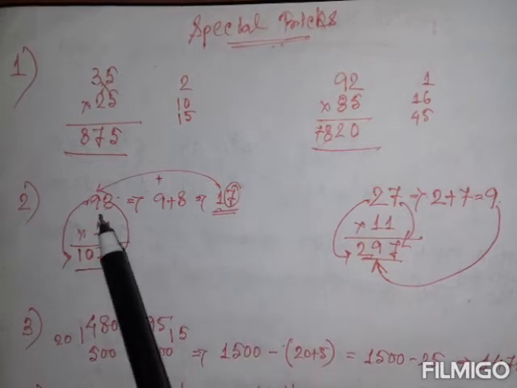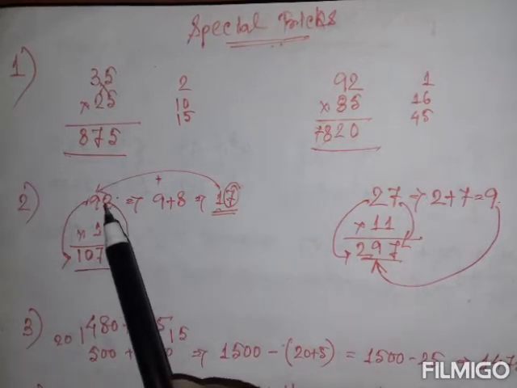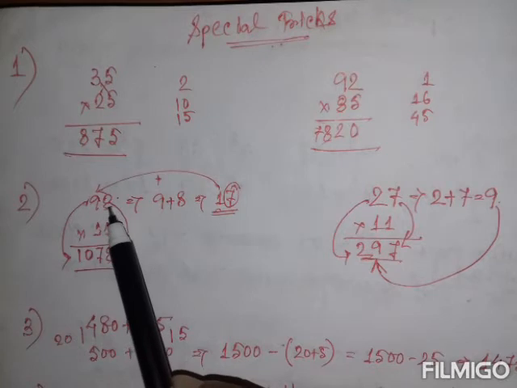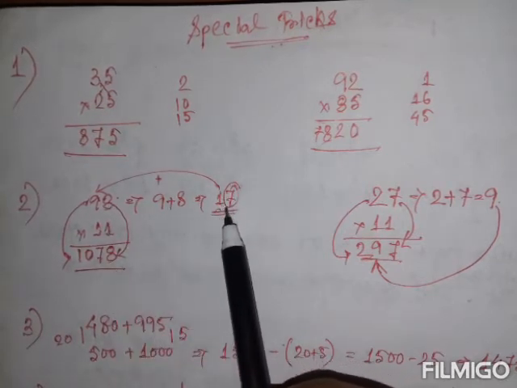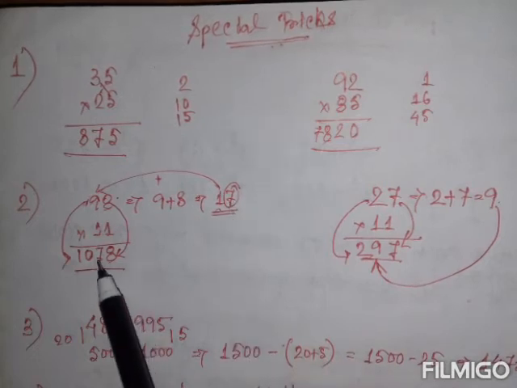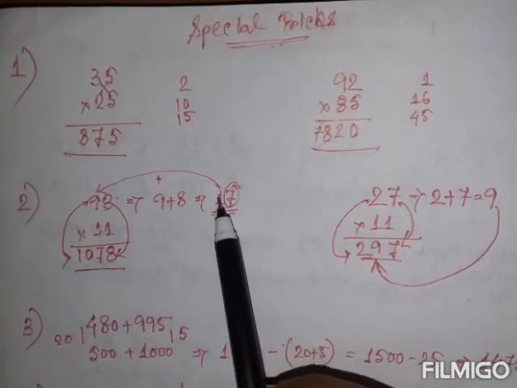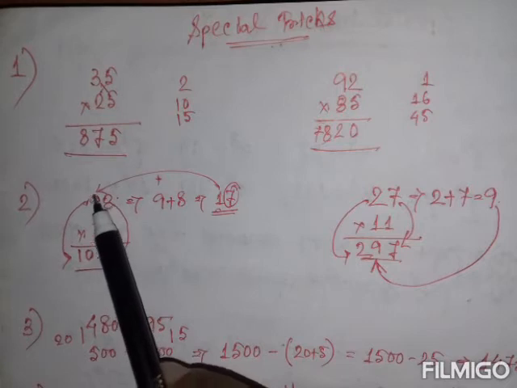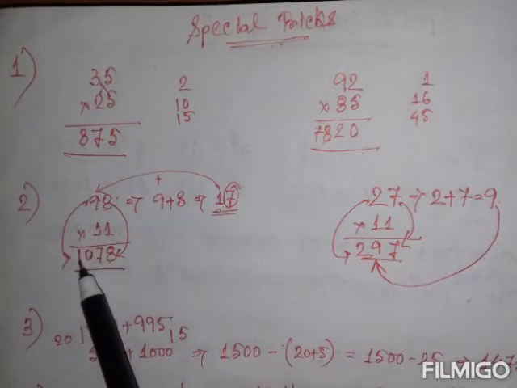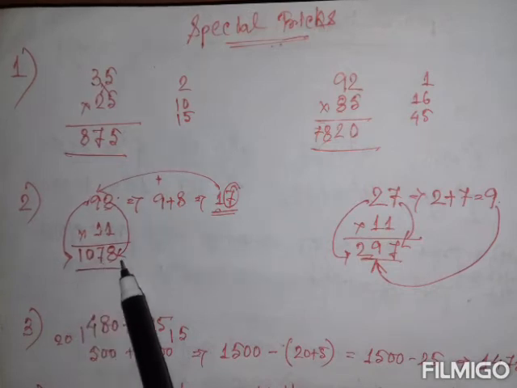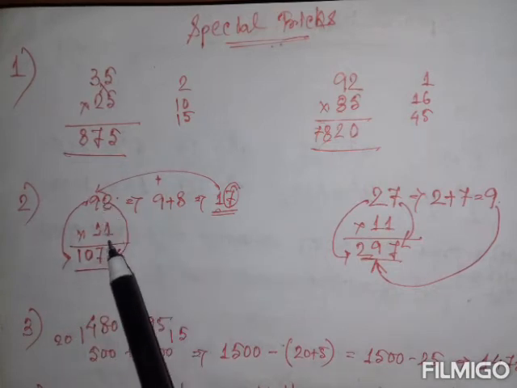At the extreme right is the unit digit of 98, so we put here 8, this 7 we put here 7, and this 1 we add to 9. This means 9 plus 1 means 10. Here we put 10. So 1078 is the multiplication of 98 and 11.